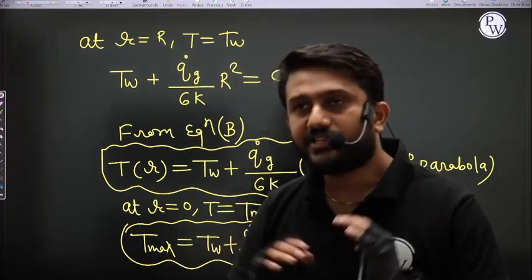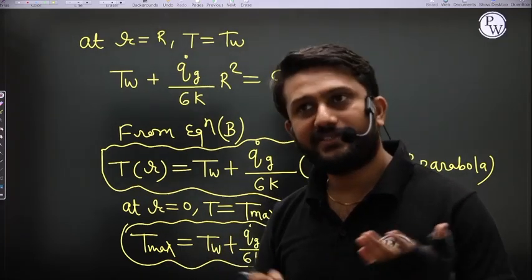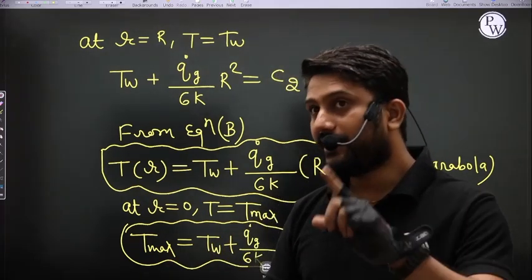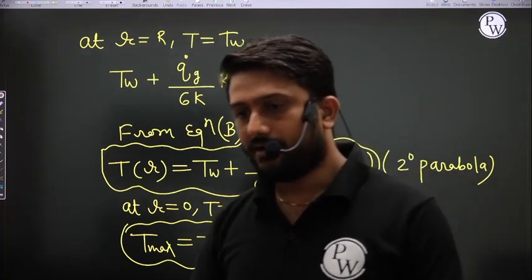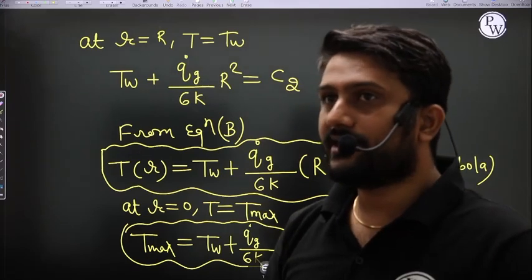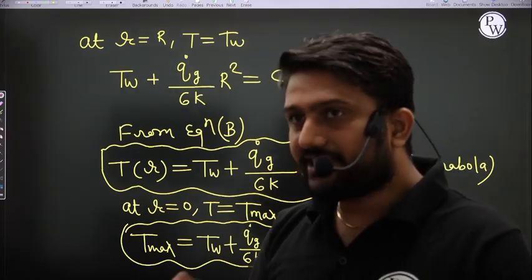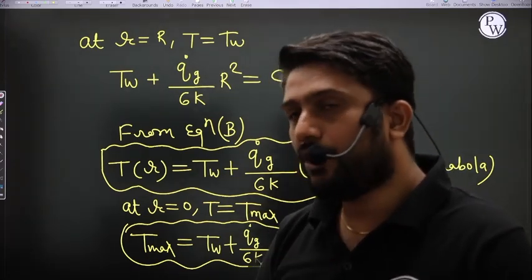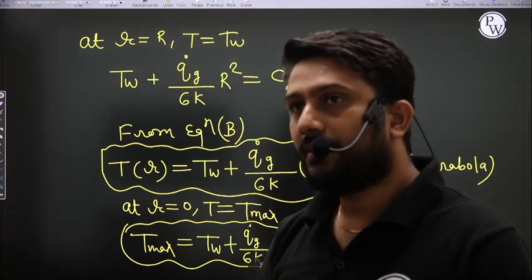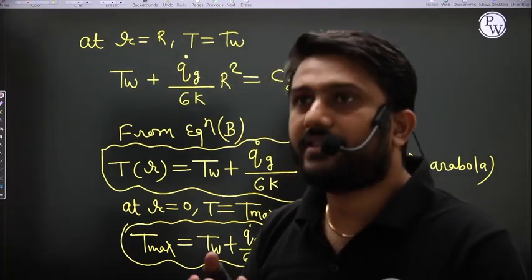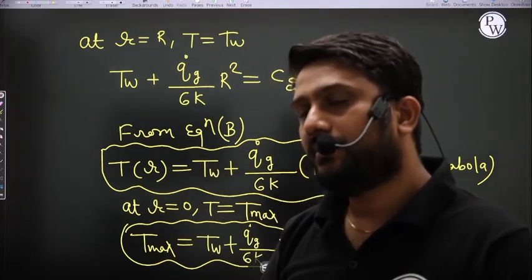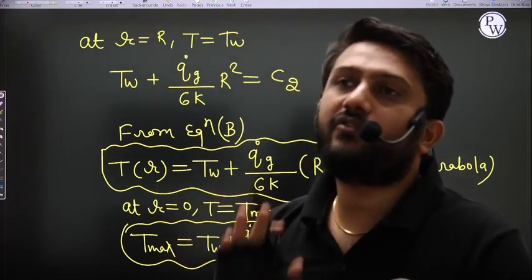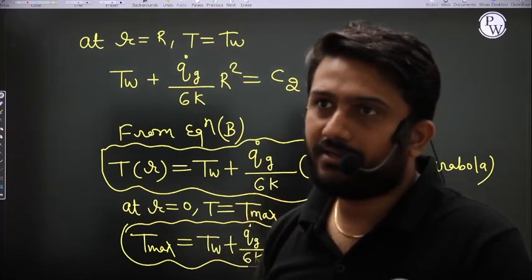If the heat generation is non-uniform, then that already discussed in the cylindrical coordinate. I already discussed in the solid cylinder with internal heat generation. If heat generation is non-uniform, then how you proceed? We already discussed. If there is a hollow sphere with uniform heat generation, then how you are dealing that problem?